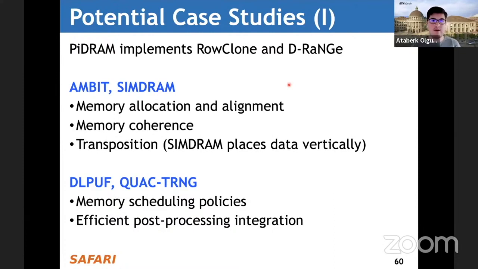These both have the following challenges, like memory scheduling policies, so that we can efficiently perform both regular memory reads and writes and these physical unclonable function and random number generation operations at the same time.